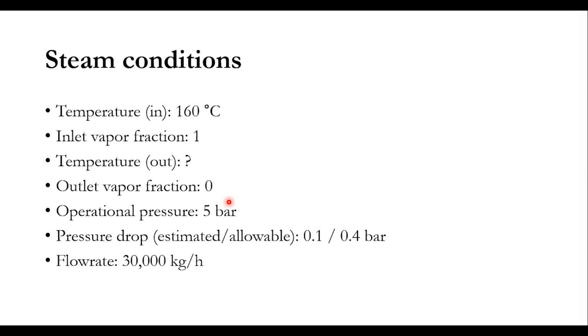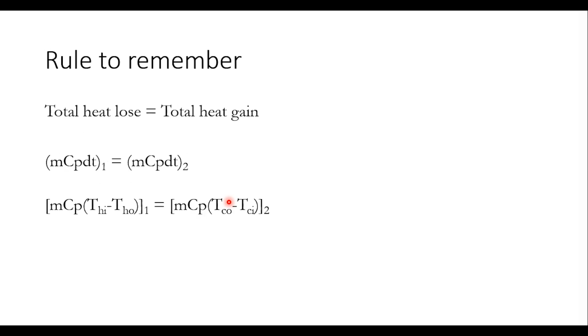So we have been given the pressure and vapor fraction, so obviously temperature will be calculated. It means that we know the value of T hot out as well, but indirectly. So the only unknown in the system is T cold out, and obviously the equation will be able to solve it. So now let's go to Aspen Exchanger Design and Rating and solve it.